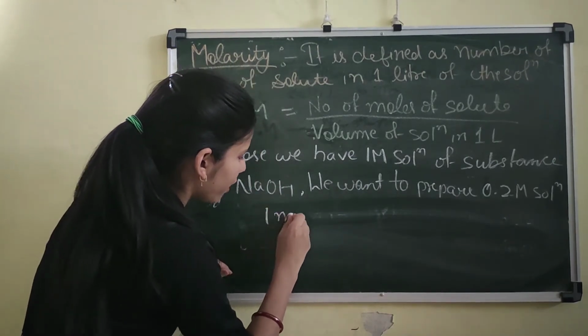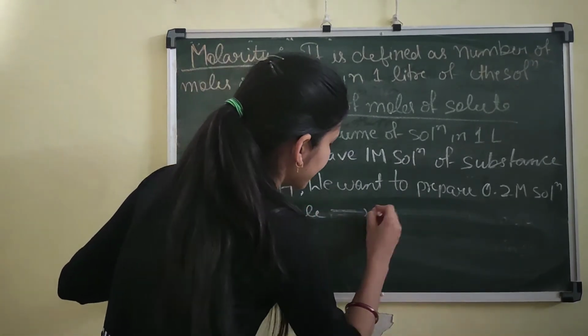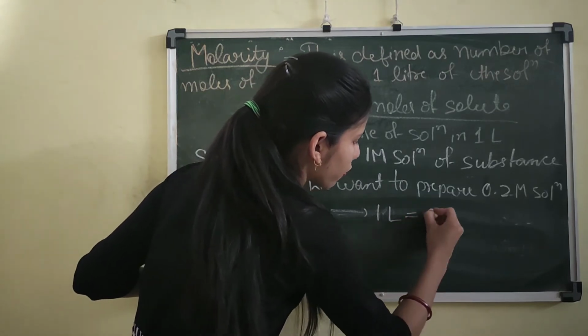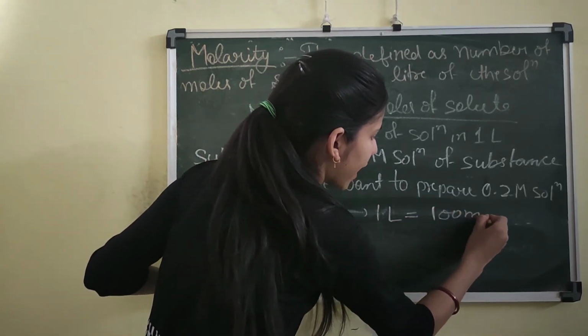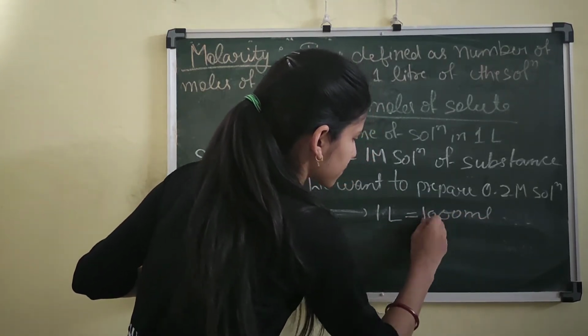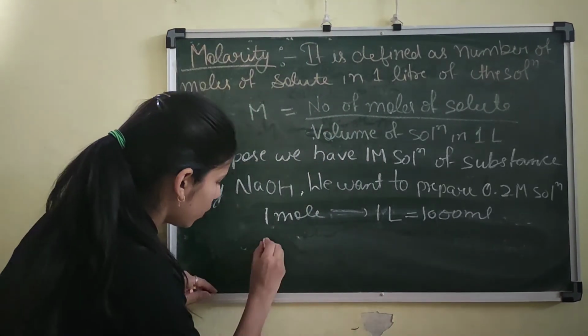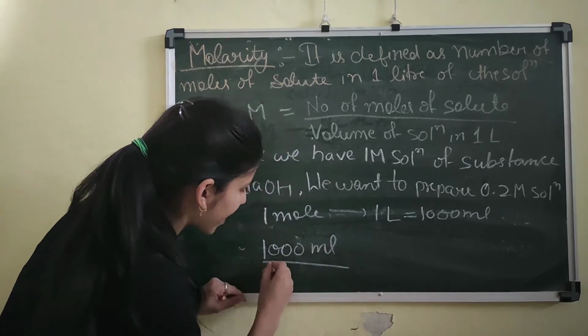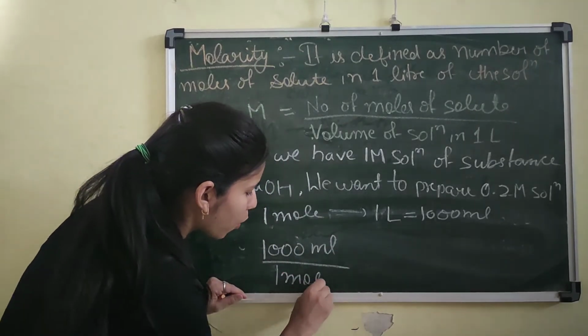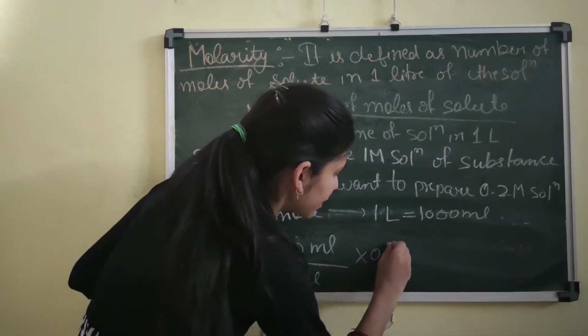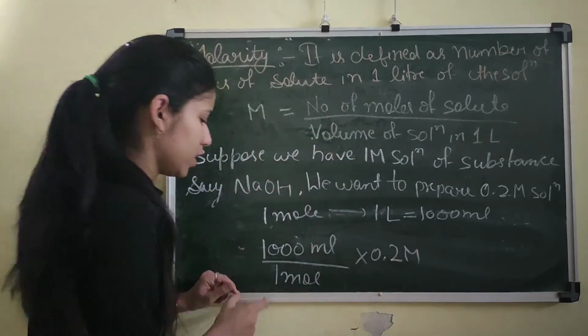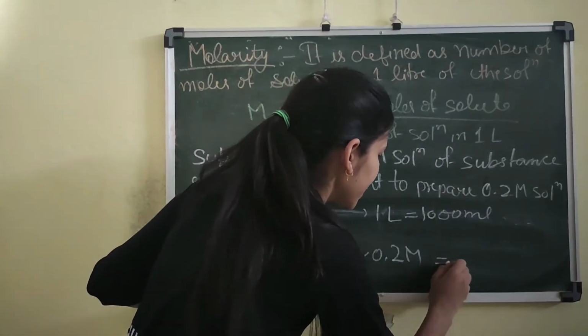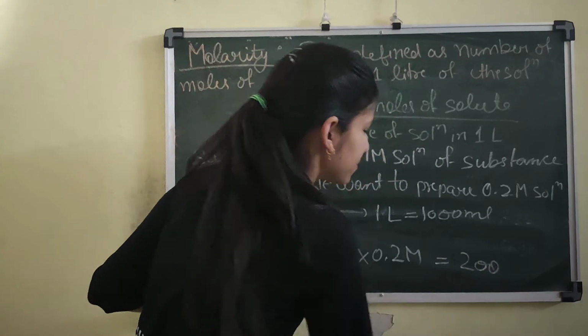So 1 mole is present in 1 liter, which is equal to 1000 ml. So 1000 ml divided by 1 mole, into 0.2 mole, will be equal to 200.